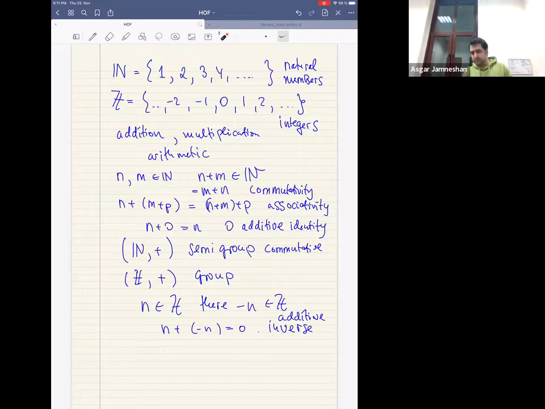All right. So this means that these two very basic objects have some additive structure. They have some arithmetic structure, and this arithmetic structure is somehow well behaved. This is basically what these properties are saying to us.